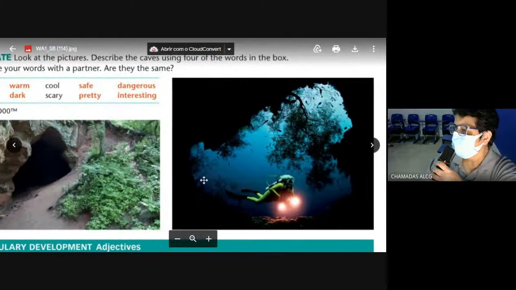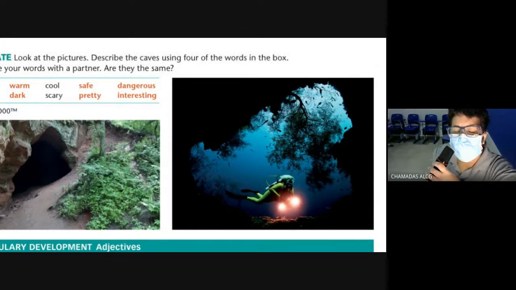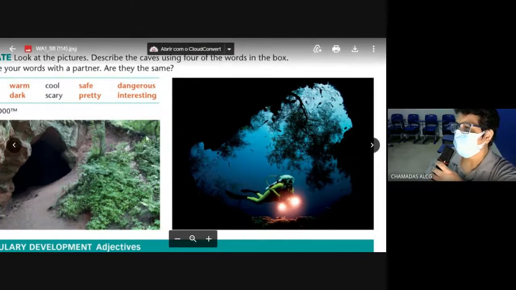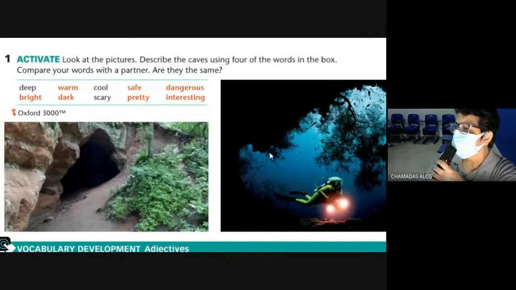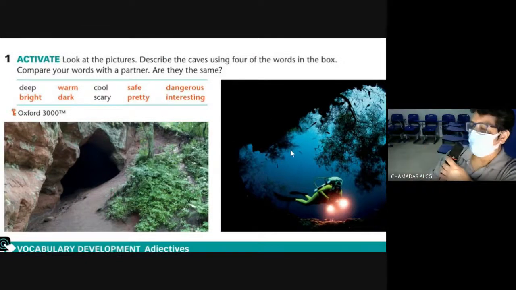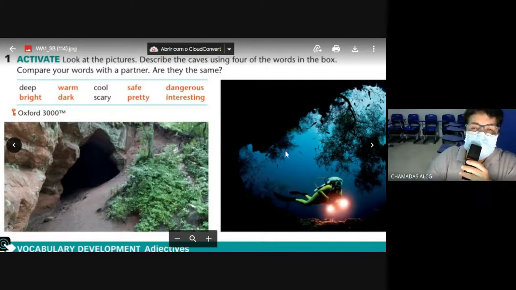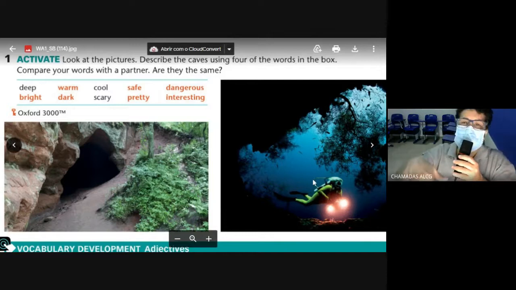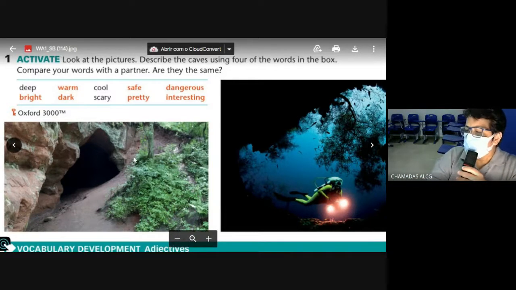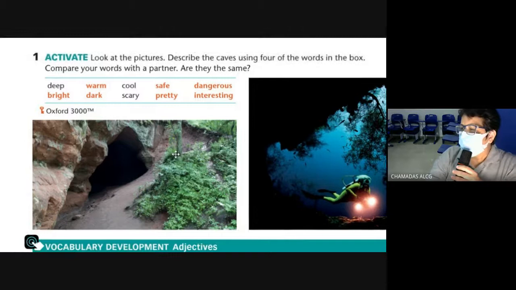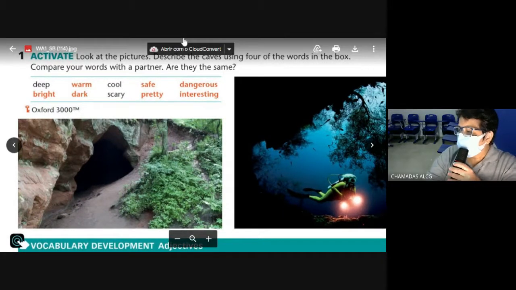What about the second picture here? Have you ever done scuba diving? No? Do you think it's interesting, guys? Maybe this is inside a cave, but it's underwater. Okay? Can you see the pictures?